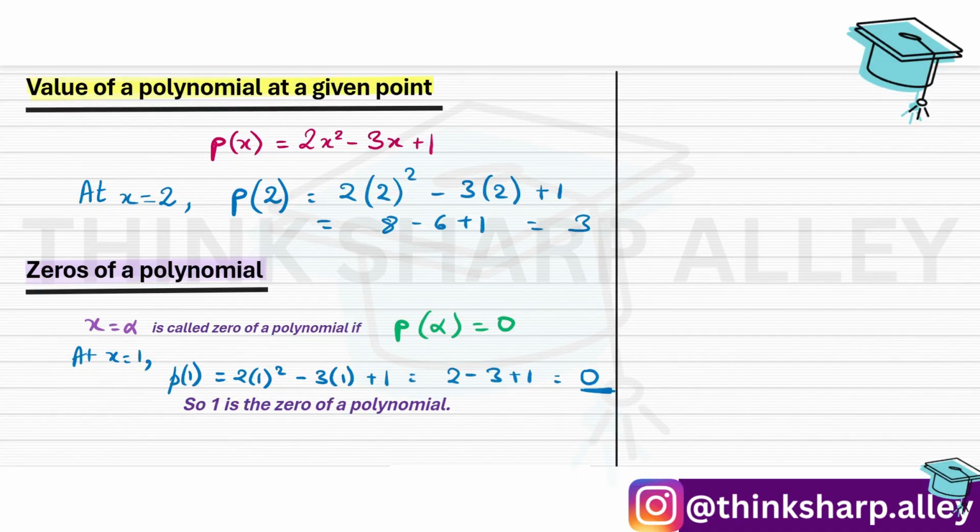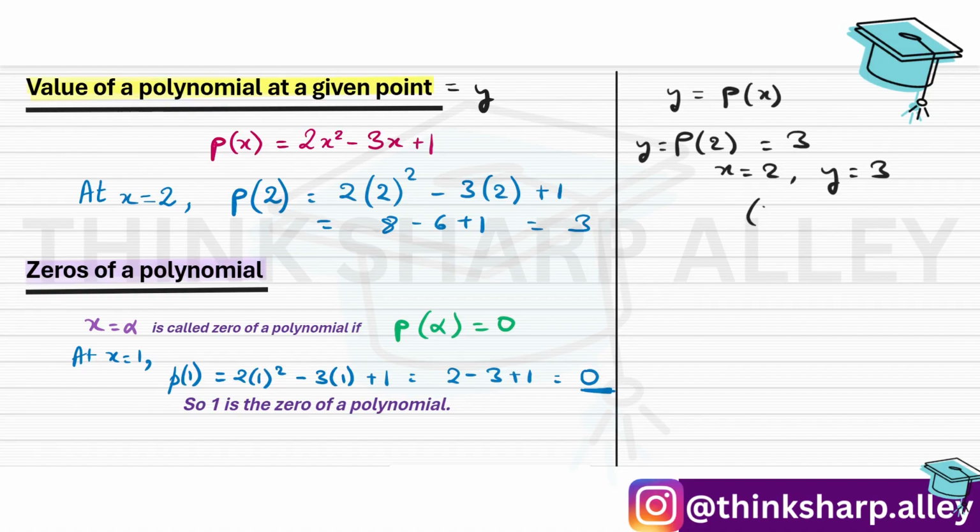Now let us understand the connection between the graph of the polynomial and zeros of a polynomial. Before that, please note that the value of a polynomial at a given point, that is p(x), is actually the y coordinate. So y is equal to p(x). So when you have found out p(2) as 3, that means the x coordinate is 2 and y coordinate is 3 because y is equal to the value of the polynomial.